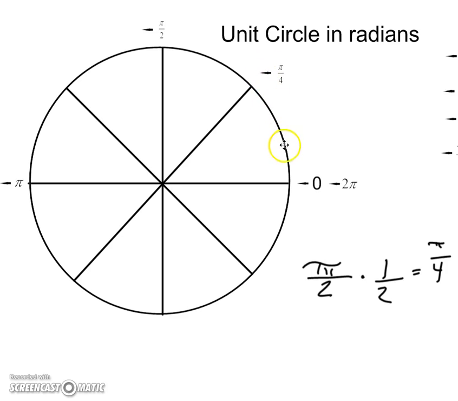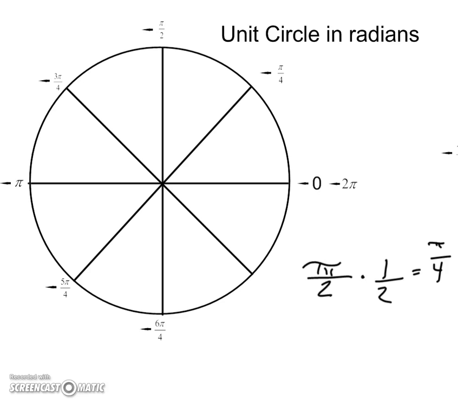Now I can count by pi over 4s. Here's 1 pi over 4, 2 pi over 4, 3 pi over 4, 4 pi over 4, which becomes pi, 5 pi over 4, 6 pi over 4, and I really should reduce that.